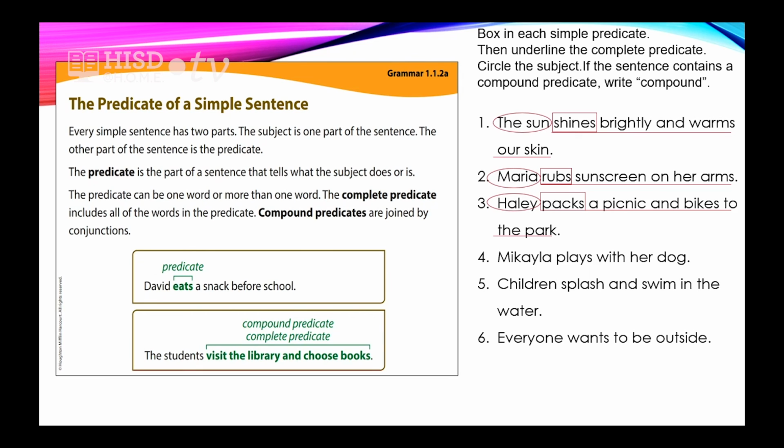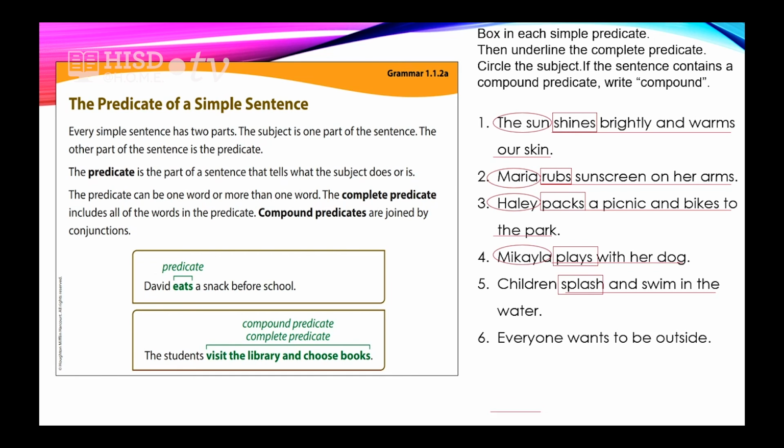Michaela plays with her dog. Our simple predicate is plays. Our complete predicate is plays with her dog. Our subject is Michaela. Children splash and swim in the water. Splash is our simple predicate.